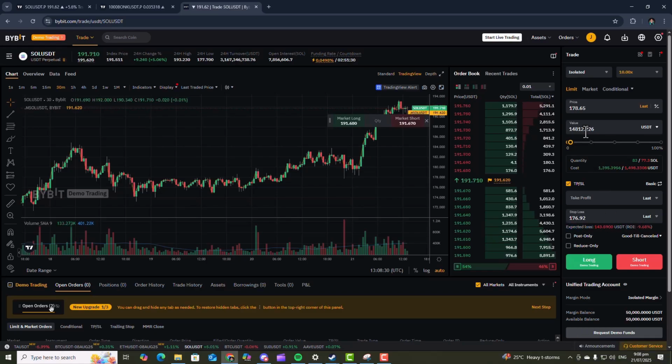Since 1% of 50,000 is 500, you have to make sure your position size, the amount, is this 54,364. And when your stop loss gets hit, you only lose 526. That's how to do it.